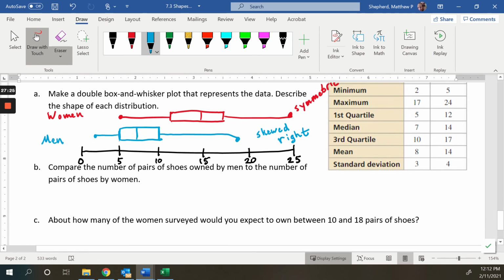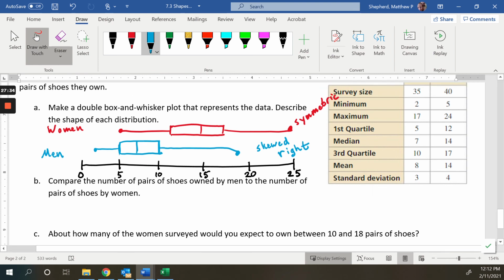So compare the number of shoes owned by men to the number of shoes owned by women. And actually, before I answer that question, let's also look at something else, because I want to drive this point home. Let's look at the mean, because they calculated it for us. So the mean here was at 8. So the mean for the men, notice how it's to the right of where the median was, and that's because of that skewness to the right.